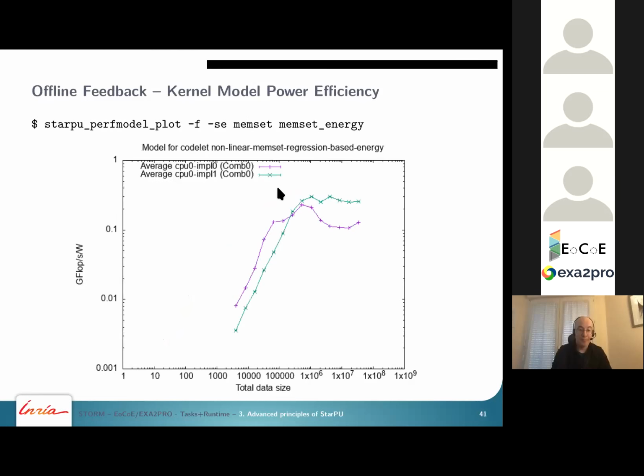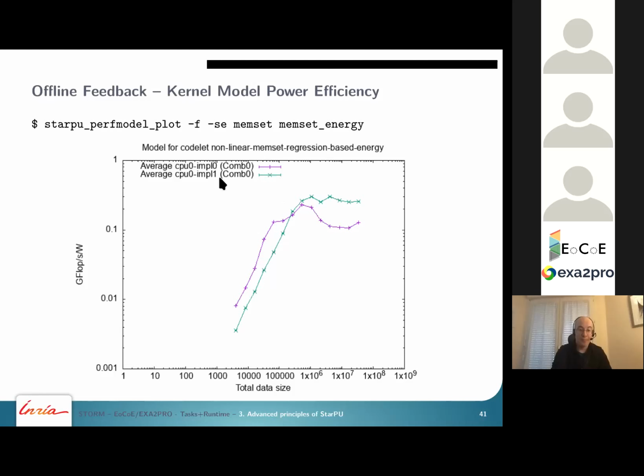We also have power. So the measurement of power is not really easy because of the hardware, because hardware is not precise for energy measurement. There is a section in the StarPU manual about this, but once you have measurements for energy, then you can have this kind of figure.